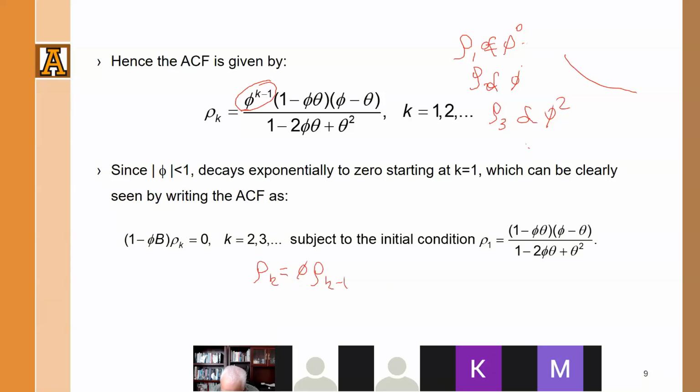Once I have rho 1, then rho 2 will be equal to phi rho 1, and rho 3 will be phi times rho 2.